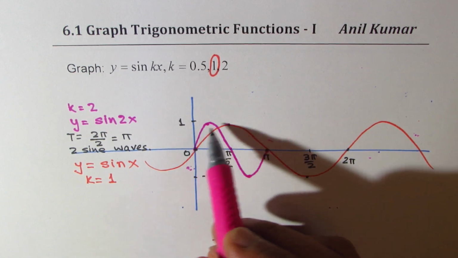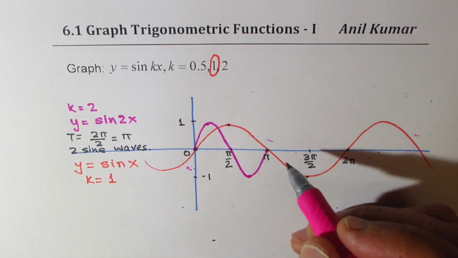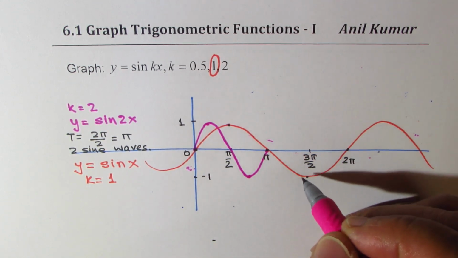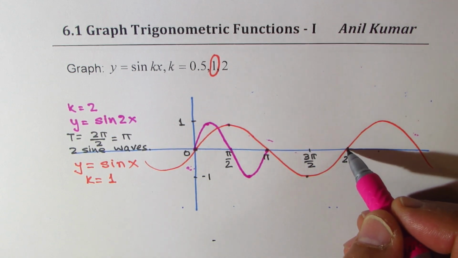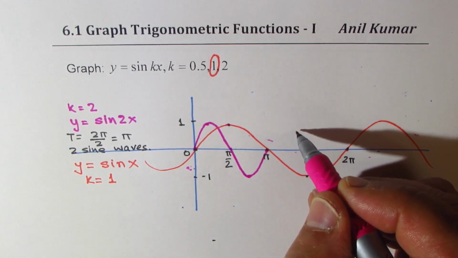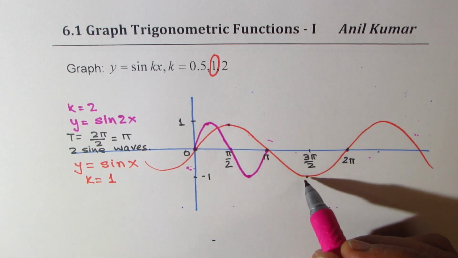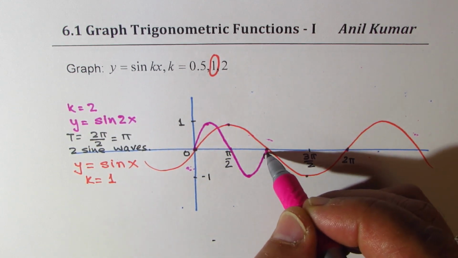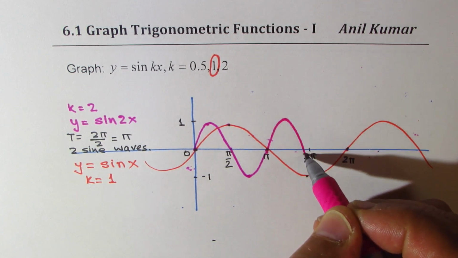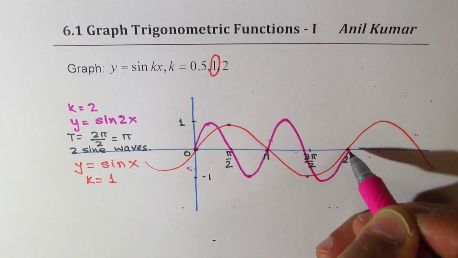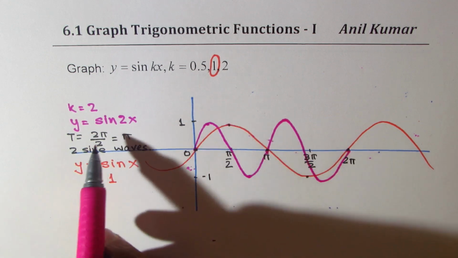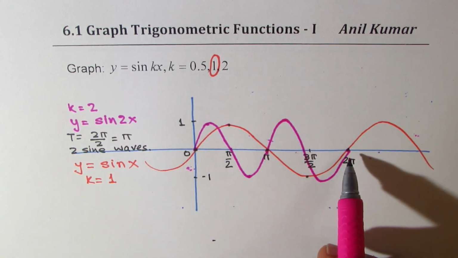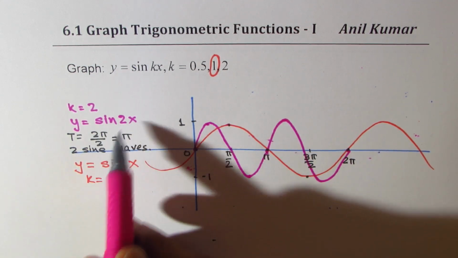So we get actually two waves in this particular thing. So this is my first wave within 0 to 2 pi, and the second wave is ending here with the zeros, 3 pi, 2 pi, kind of like this. So that becomes two waves in 2 pi. So that is sine 2x.